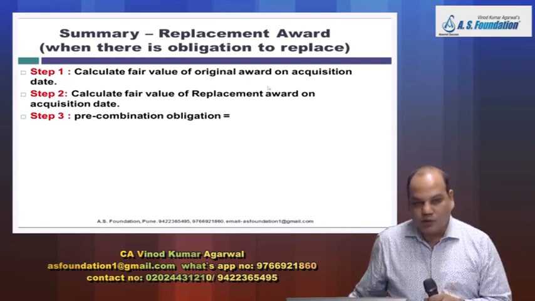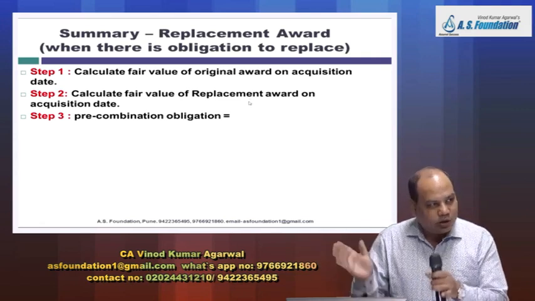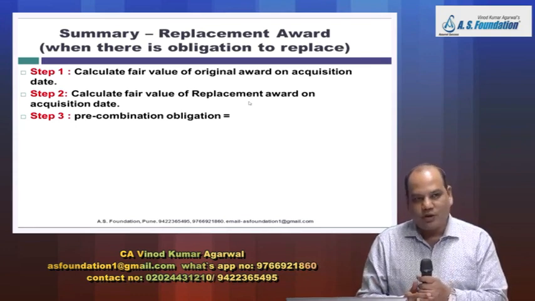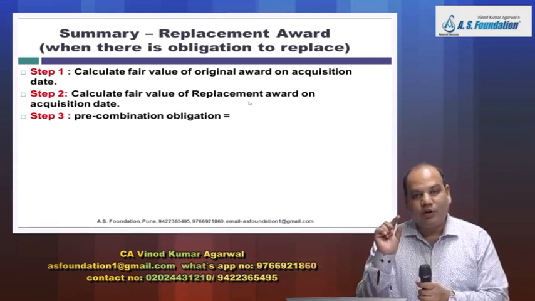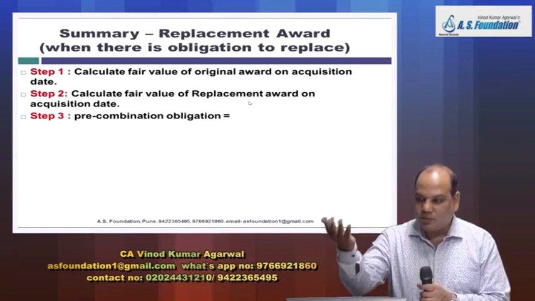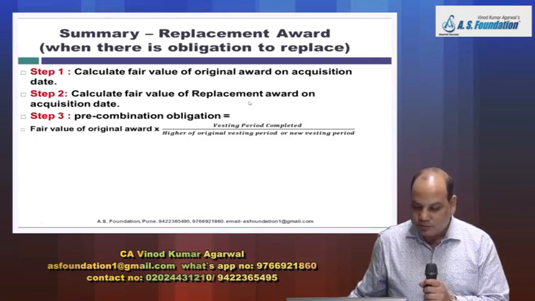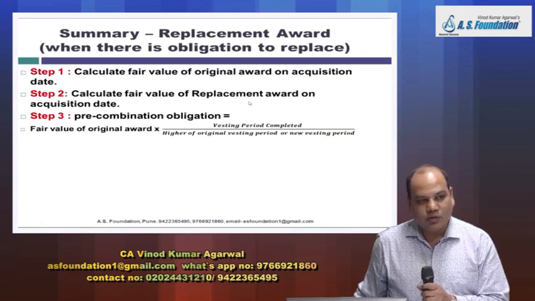So some portion they have already run. So that is the liability already existing on the acquisition date. So that will be treated as a part of business combination, and the remaining amount I will recognize as an expense for future service, right?